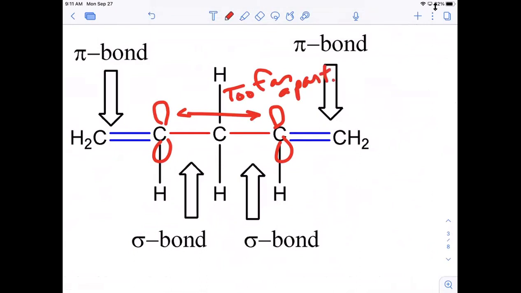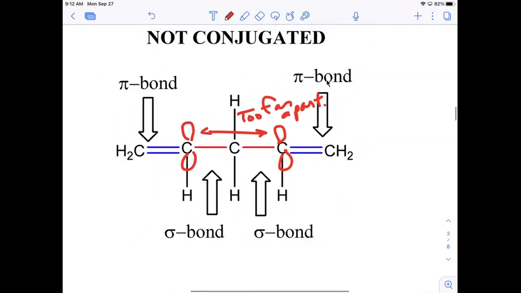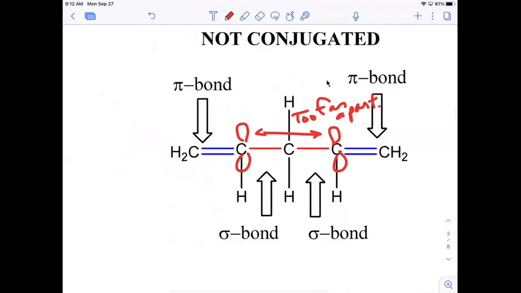So those two p orbitals can't talk, and so that system is not conjugated. Each one of these pi systems is separate.